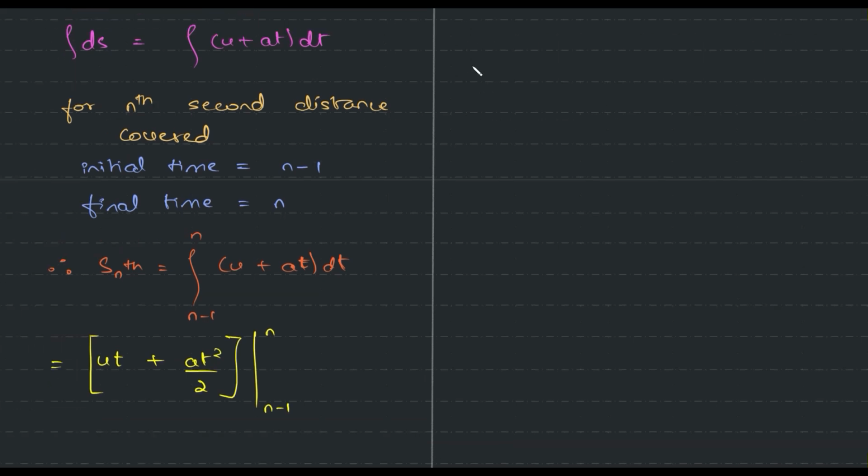So we have a bit of a calculation. u n minus u times n minus 1, plus the same set of calculation actually, a by 2. We need to subtract n square and n minus 1 the whole square. So this and this will get cancelled, and we have this to be u. Okay, let us continue this.